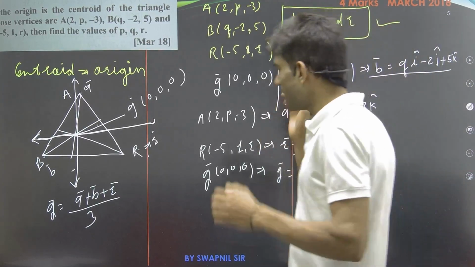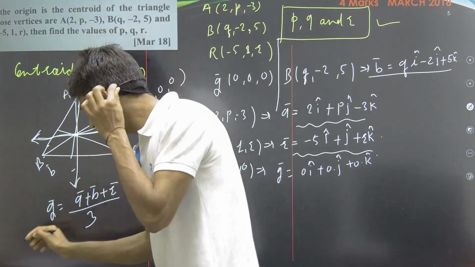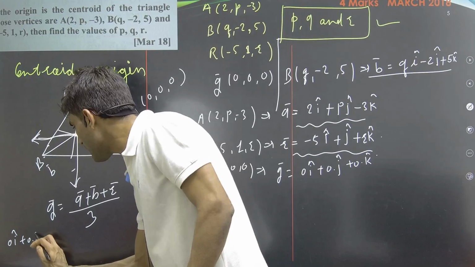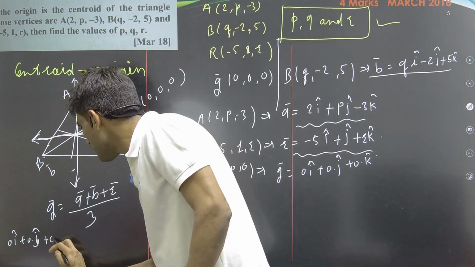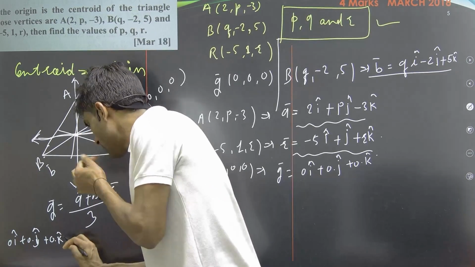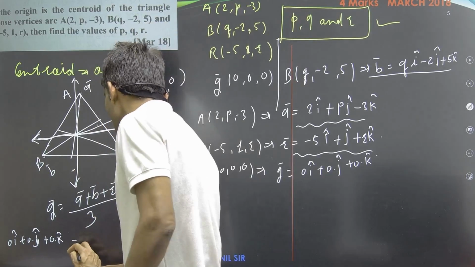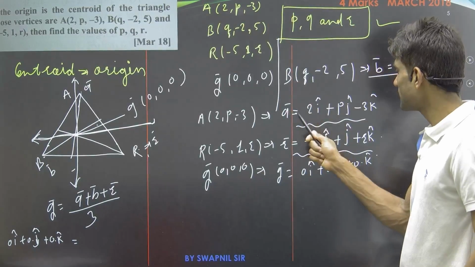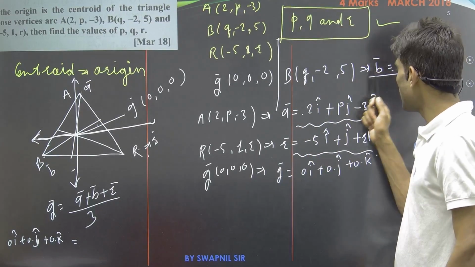So g bar is 0 times i cap plus 0 times j cap plus 0 times k cap, and this can be written as a bar plus b bar plus r bar divided by 3.